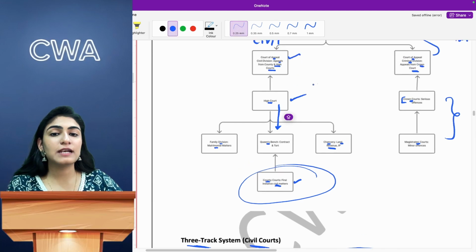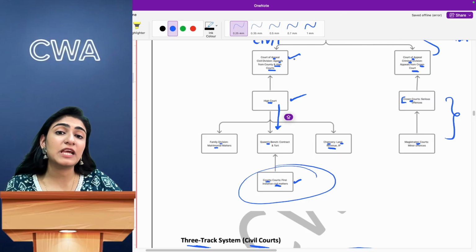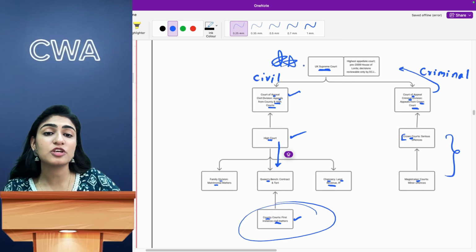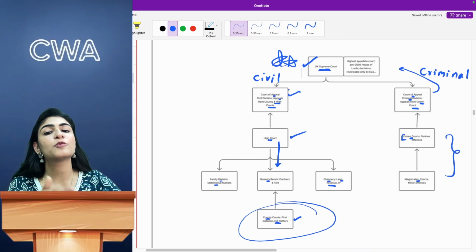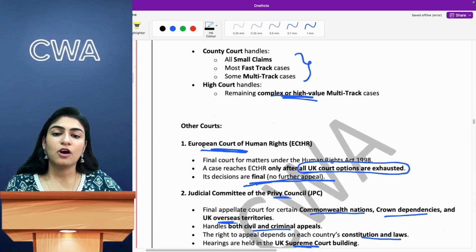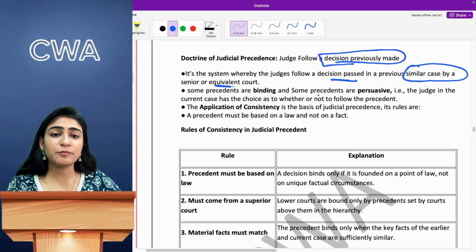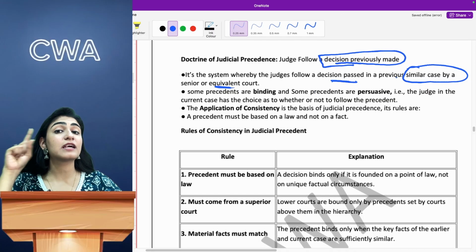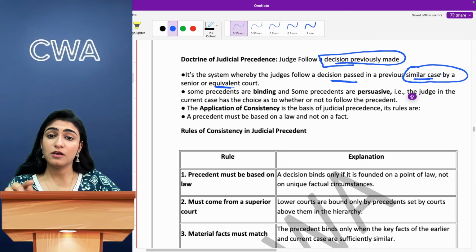Or let's say the Court of Appeal is looking at a decision made by either the UK Supreme Court or the Court of Appeal themselves. All right, so it means previous courts, and the case has to be similar.